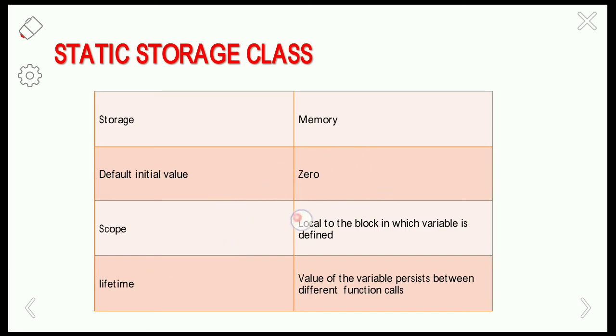The scope of the variable is local to the block where it is defined. And for the lifetime of the variable, the value of the variable persists between different function calls. So the value of the variable will change based on the different function calls.